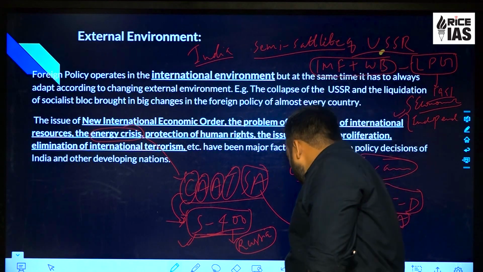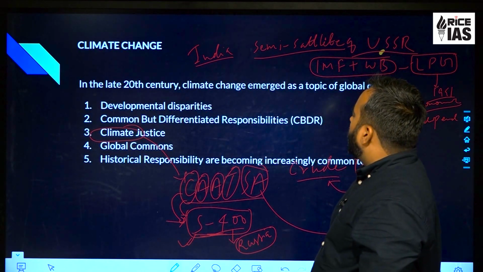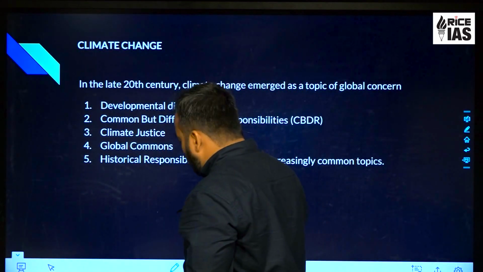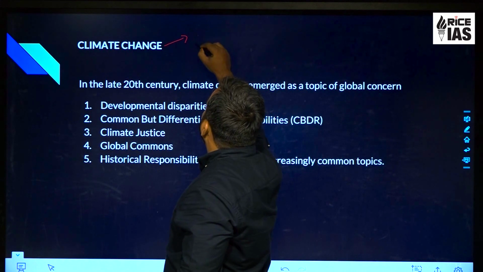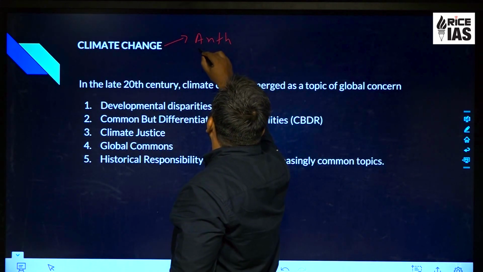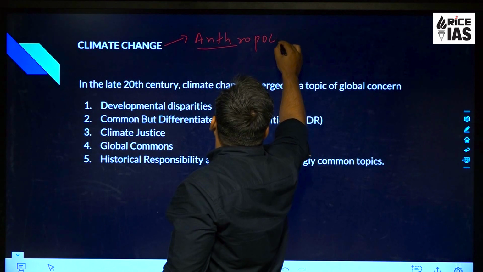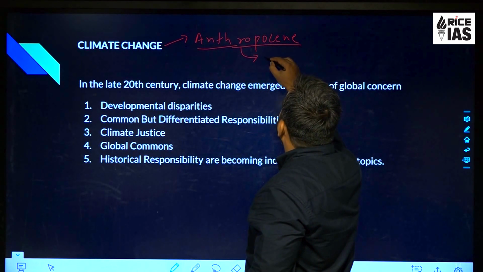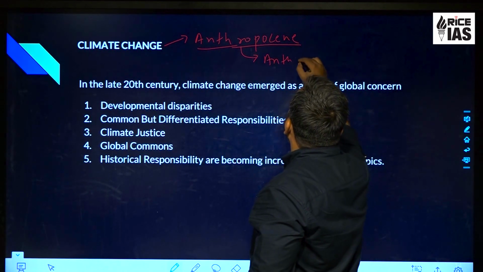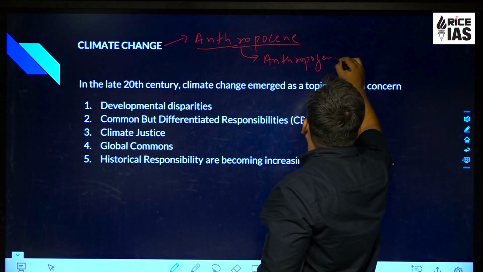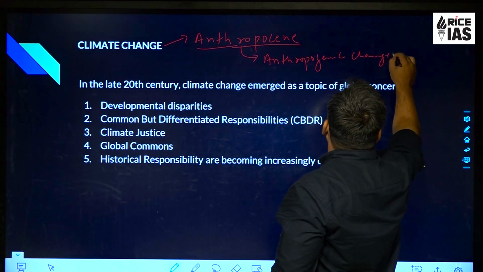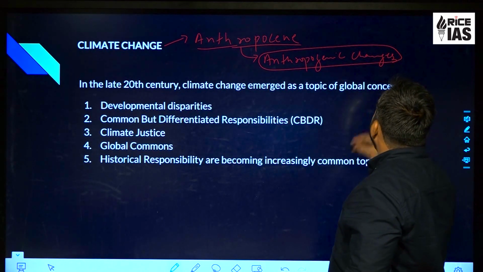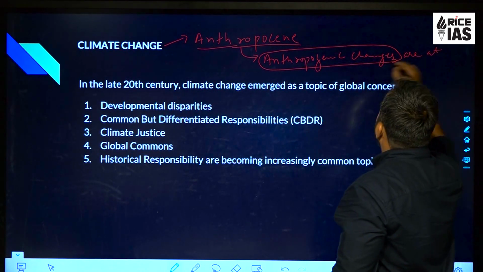All right. So moving forward, let's look at climate justice in some detail. Climate change. We have properly entered the Anthropocene. The Anthropocene is the era where anthropogenic changes have taken precedence over natural changes, and are at an all-time high.